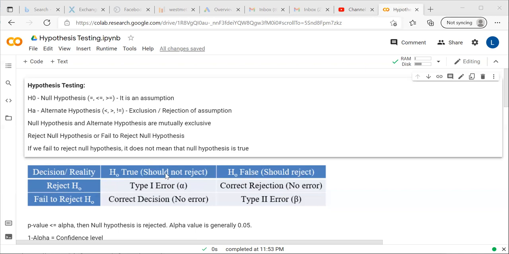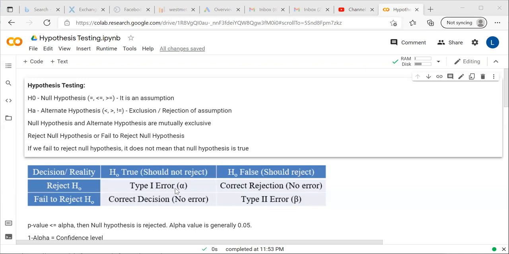But instead of not rejecting, if we reject, then this becomes a type 1 error. If it is correctly rejected, then there is no error. Similarly, if we fail to reject and we should not reject, then again it is correct. But if the null hypothesis should be rejected and we fail to reject, then it becomes a type 2 error.